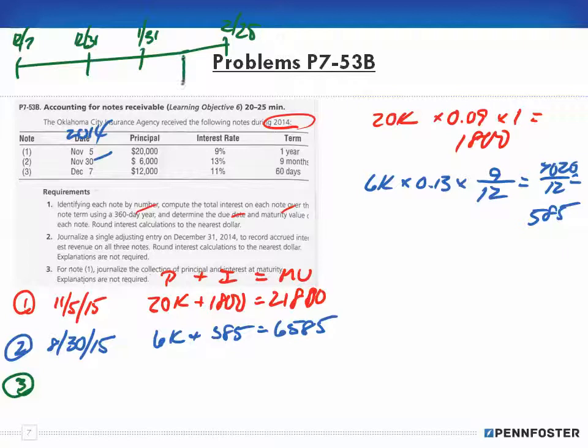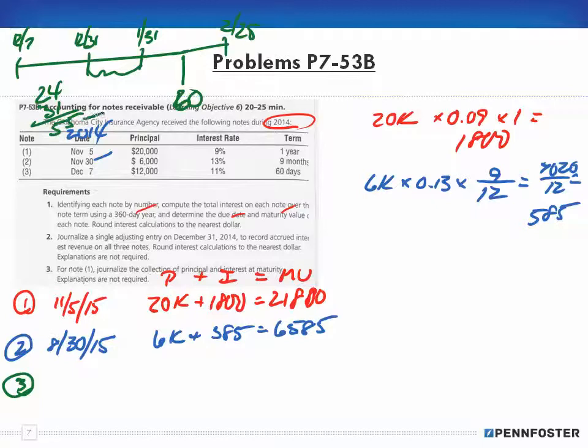But we only need to go to 60 days. Between 12/7 and 12/31 is 24 days, plus 31 is 55, because there are 31 days in the month of January.